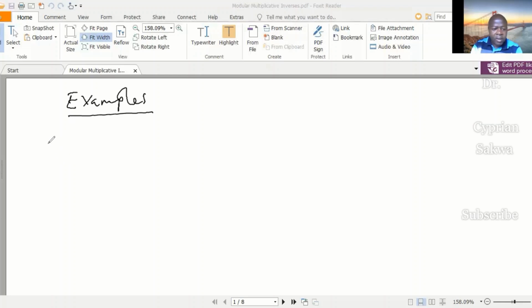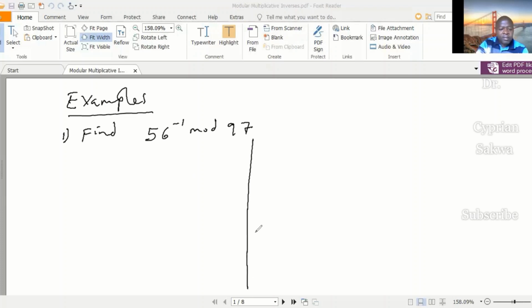So the first one I want to do is, find the inverse of 56 mod 97. So that is the question: find the inverse of 56 mod 97.